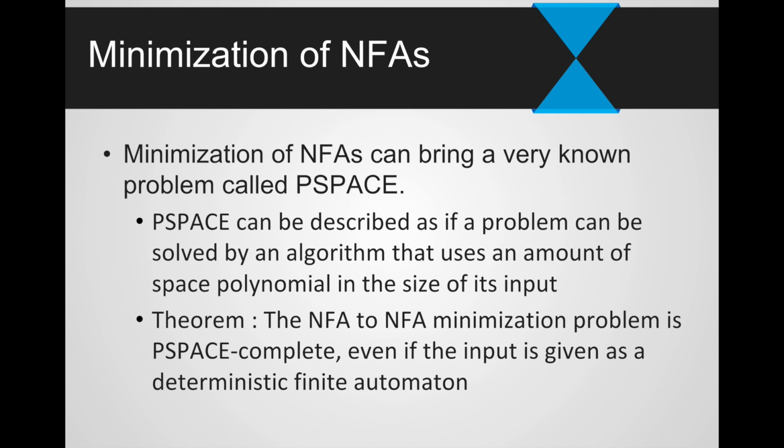We can also say that minimization of NFAs can bring a very well-known problem called PSPACE, which is described as a problem that can be solved by an algorithm that uses an amount of space polynomial in the size of its input. So based on that, the NFA to NFA minimization problem is PSPACE-complete, which states that it's practically impossible to minimize it because the number of states grows rapidly.